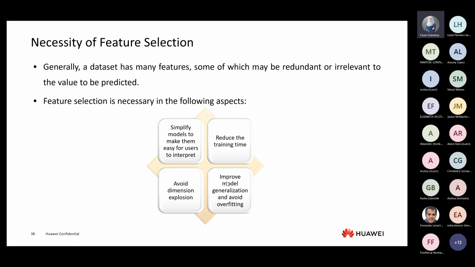Now, there are two types of feature selection methods: supervised and unsupervised. In supervised methods, we have filter, wrapper, and embedded, which we're going to see. So we have three methods in supervised.